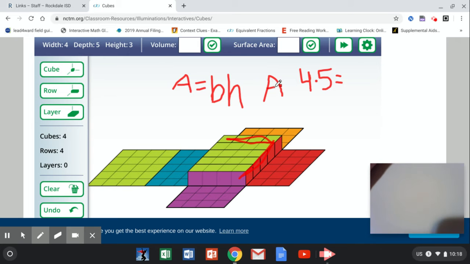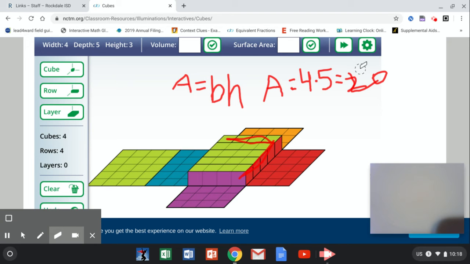This is not easy to draw on there, buddy. I'm going to have to figure out a better writing tool. So 20 right there. Oh, it'll let me write like that.